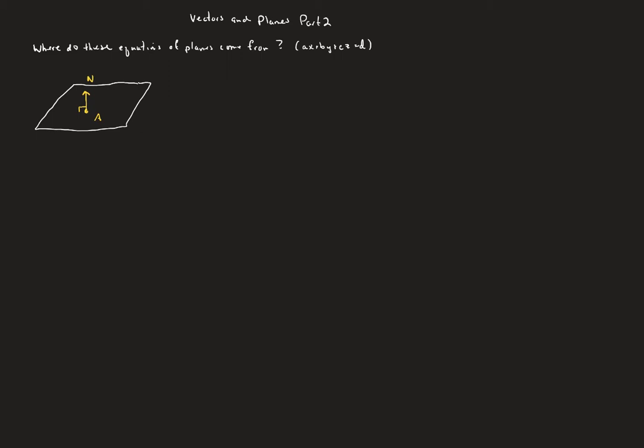So if a vector n is perpendicular to a plane, then it is perpendicular to all of the vectors in the plane.